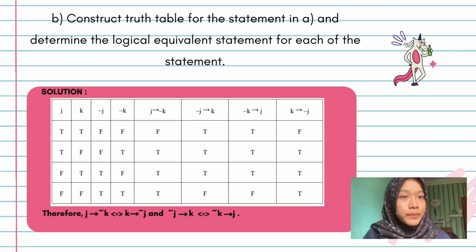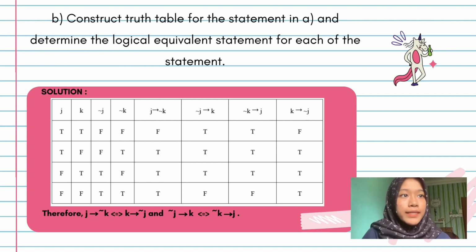For question B, construct the truth table for the statements in A and determine the logically equivalent statements. From the truth table, the truth values for J are true, true, false, false. For K: true, false, true, false. Not J: false, false, true, true. Not K: false, true, false, true. J implies not K: false, true, true, true.